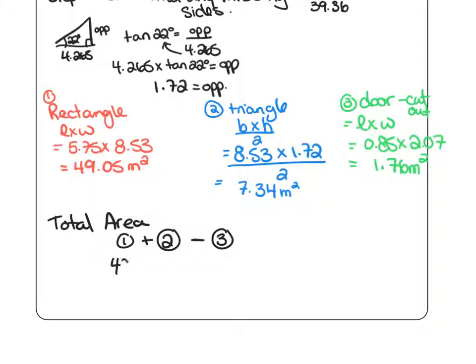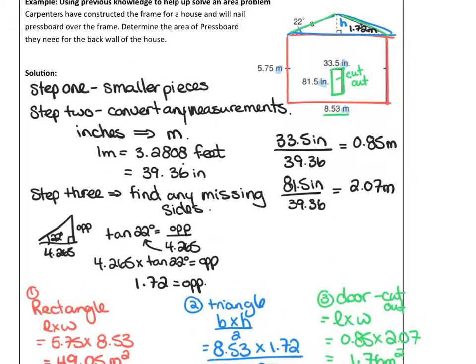So 49.05 plus 7.34 minus 1.76 gives me a total of 54.63 meters squared.